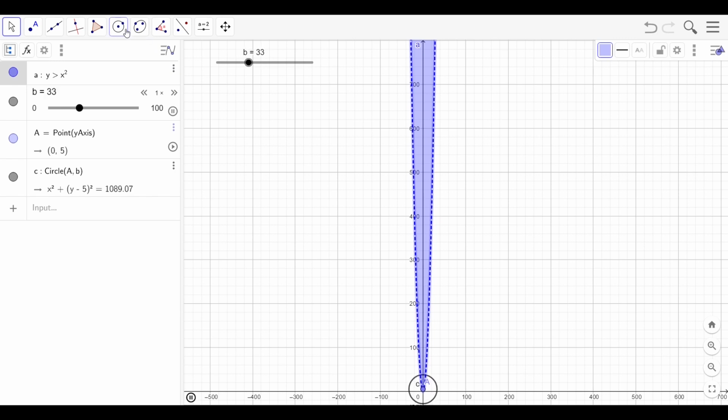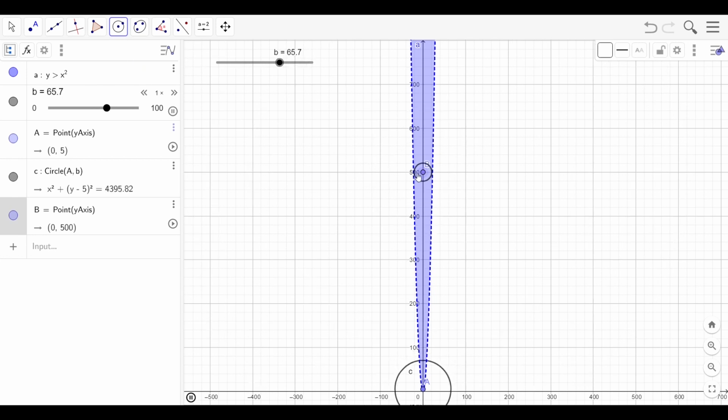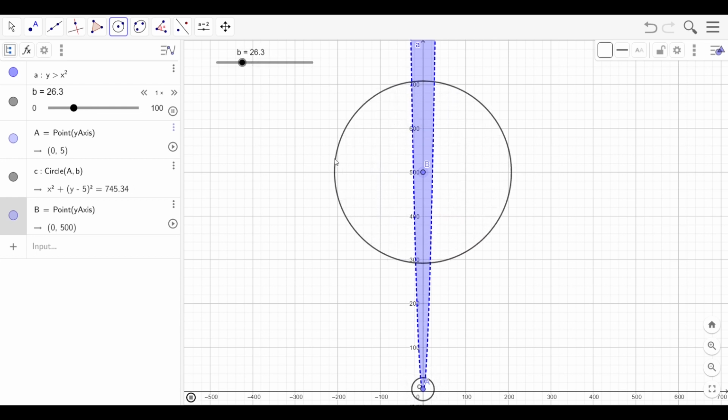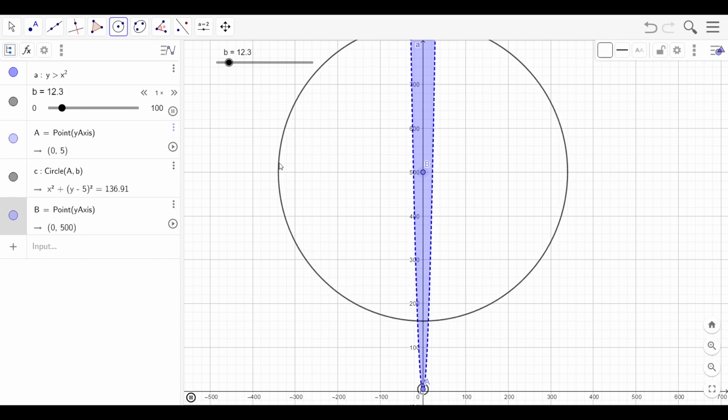For example, you may consider a disk with the center B and consider all disks, and you can see that no disk can enclose this region completely. So it is an example of an unbounded region.